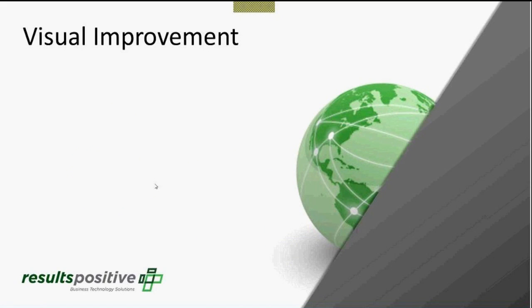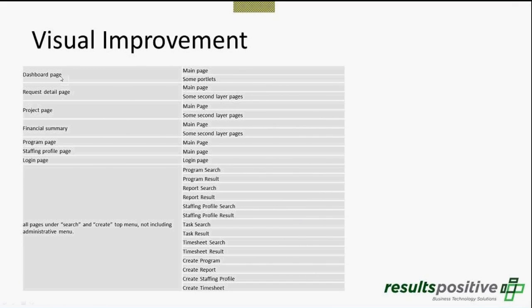From a visual improvement perspective, as you've seen with some of the screenshots so far, they've made visual improvements to the UI on a lot of pages within PPM. So obviously the main page and some of the dashboard portlets, and the request details page, we saw that. The project overview layout has the visual improvements.